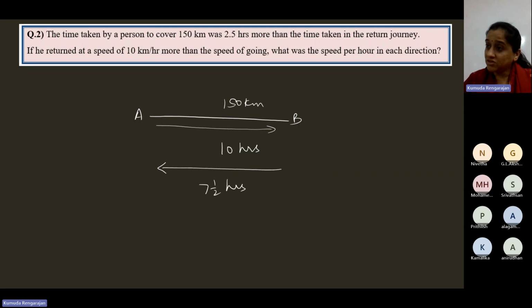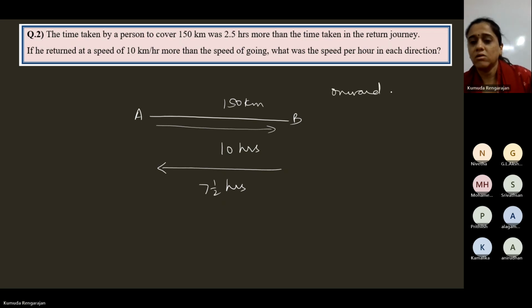So the return journey speed is more, that's why the time taken is less. Where is the time taken more? Onward journey or return journey?